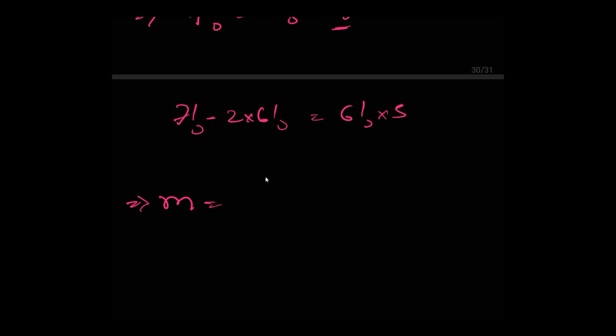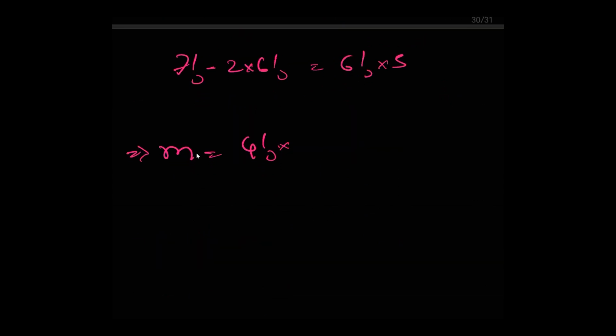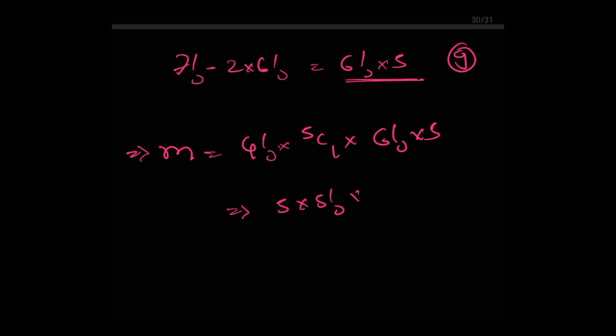Therefore, m will be first the arrangement of the 4 girls, 4 factorial ways, into choosing one excluded girl, the small g, that will be 5C1, into the total number of ways, 6 factorial into 5. That will be 5 into 5 factorial into 6 factorial.